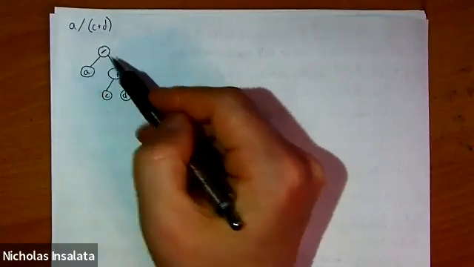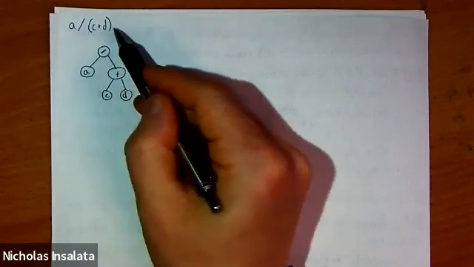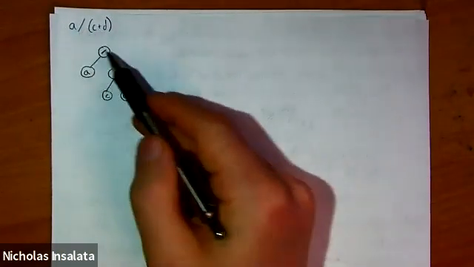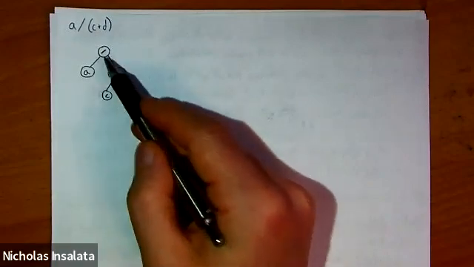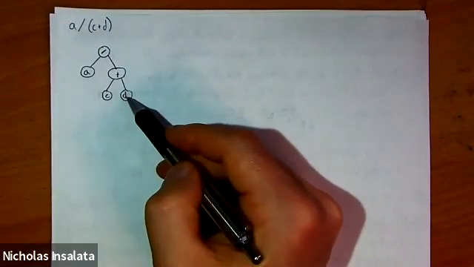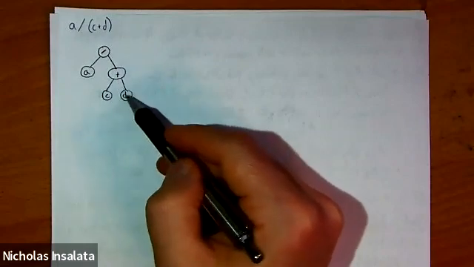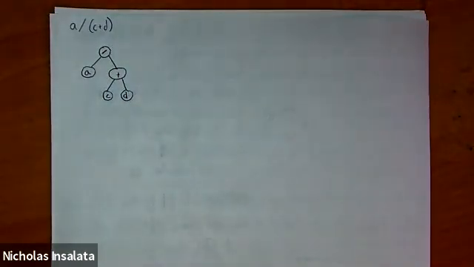The right subtree is all the things to the right of that operator, right? So the left subtree of the division symbol is just A. The right subtree of the division symbol is C plus D, right? And then we sort of recurse downward into the plus to get the left and right subtrees of that. Does that all sound good? Questions?